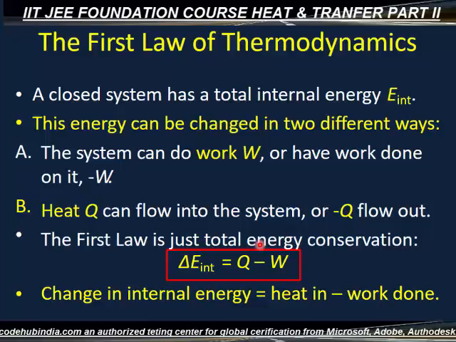The first law says total energy is conserved. The heat in the room, minus work done, is the change in internal energy. The change of internal energy equals the heat in minus the work done.